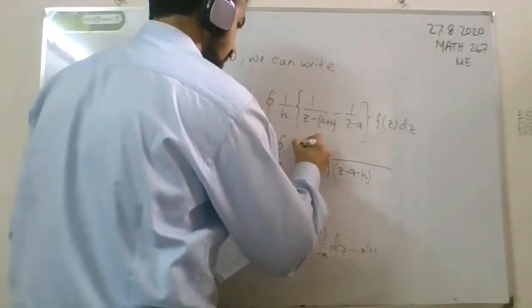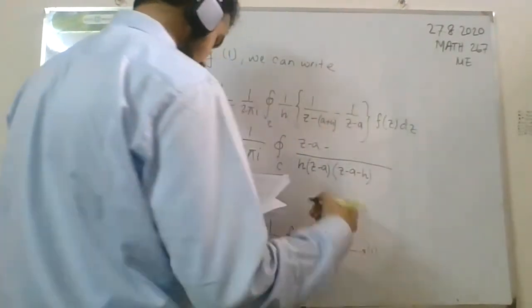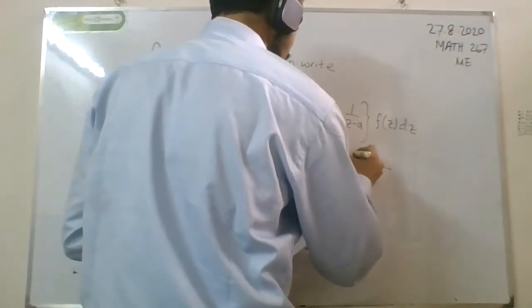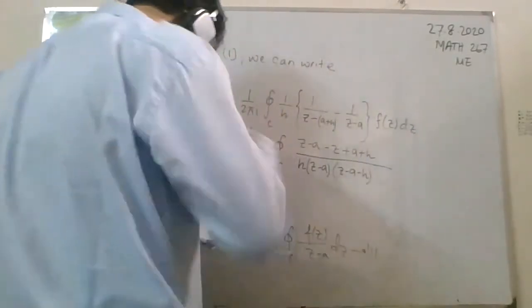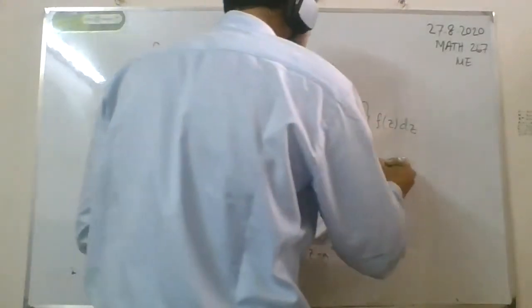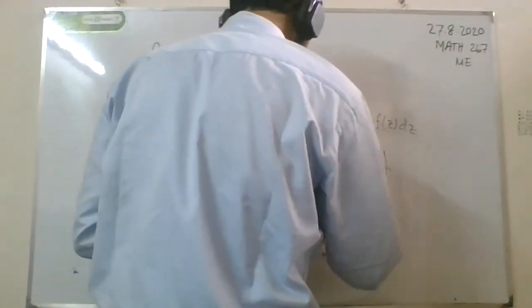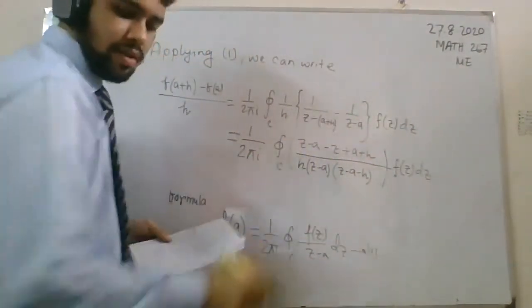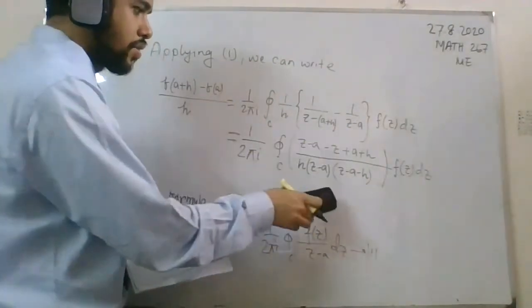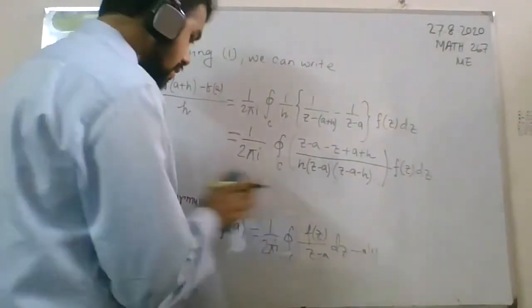Here you can get (z minus a) minus (z minus a minus h). Now let me simplify this, and you can get this.